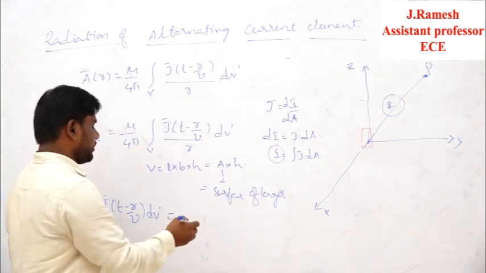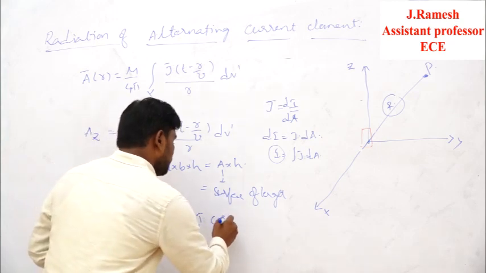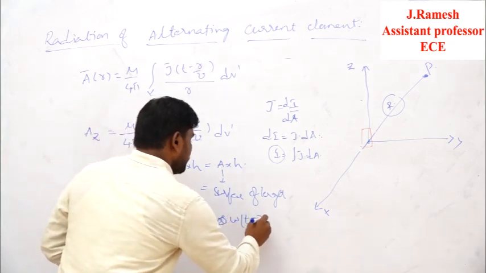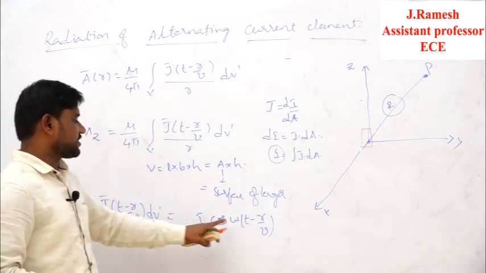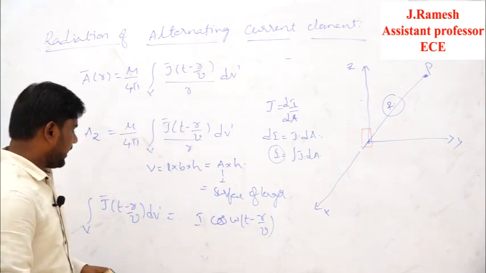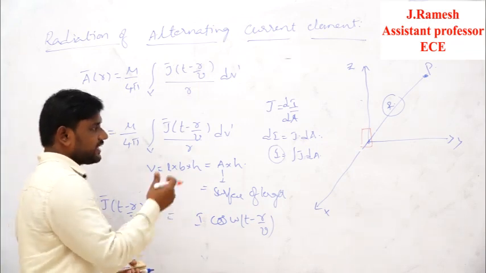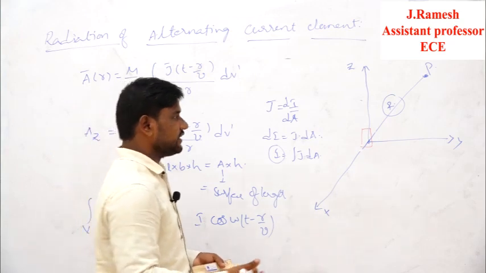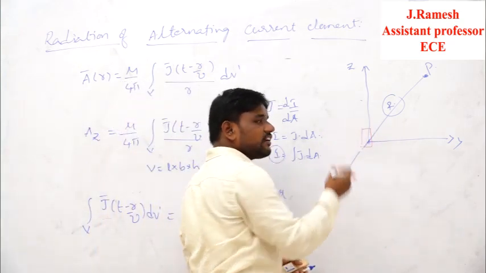That means now we have our current element as I into cos omega into t minus r by v. Why? Because we have some retardation, that is t minus r by v. And after that what do I have to do? I have to do it again with respect to the length. But here our assumption is that the current within the small length dl is constant.